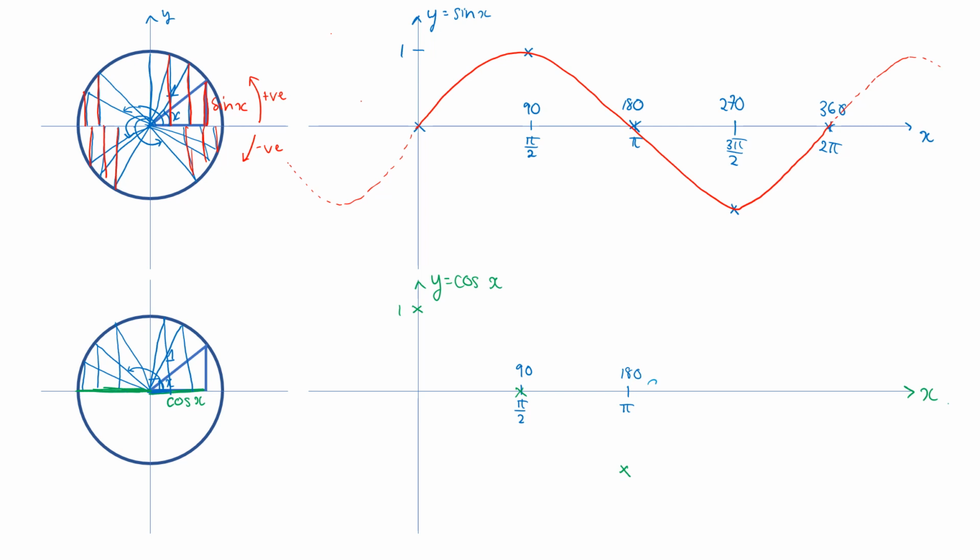As the triangle tips over, because our angle has increased past 180 degrees, the base of our triangle is shrinking again back down to 0 at 270 or 3 pi by 2.